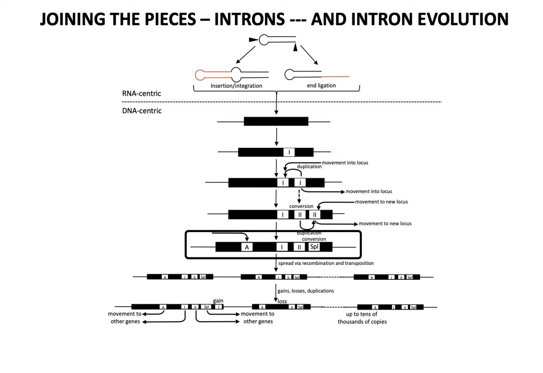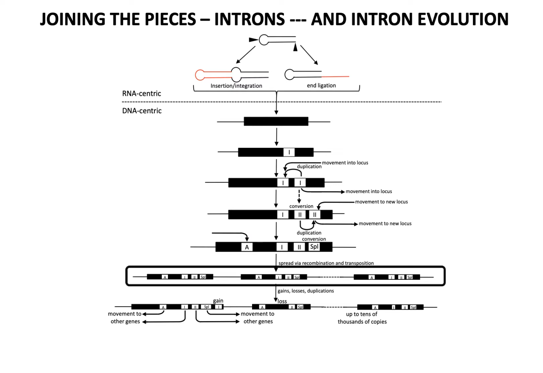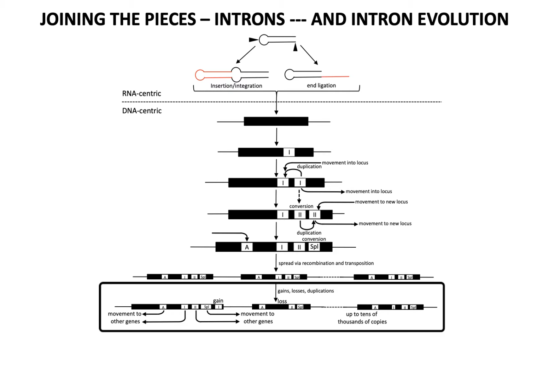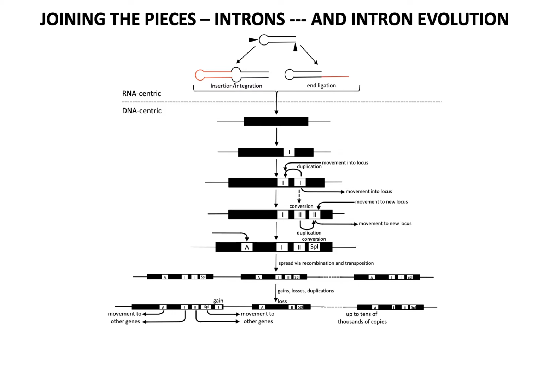And then there are other types of introns, these archaeal, that seem to have popped into the ribosomal locus too. So the ribosomal genes, which are in multiple copies, seem to have served as what I call intron nurseries. And I'll talk more about this when I talk about introns later in this video series and in the semester.